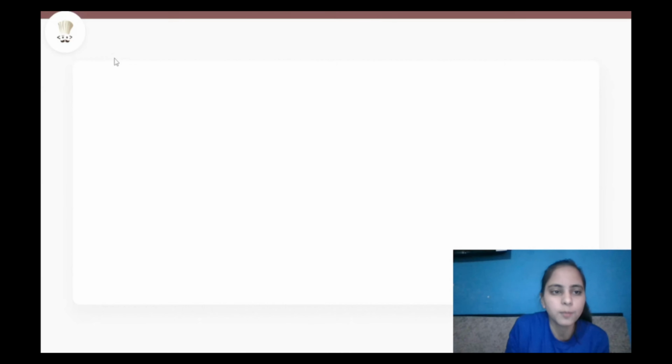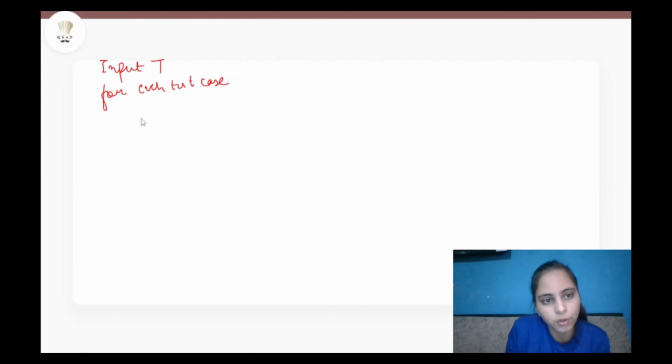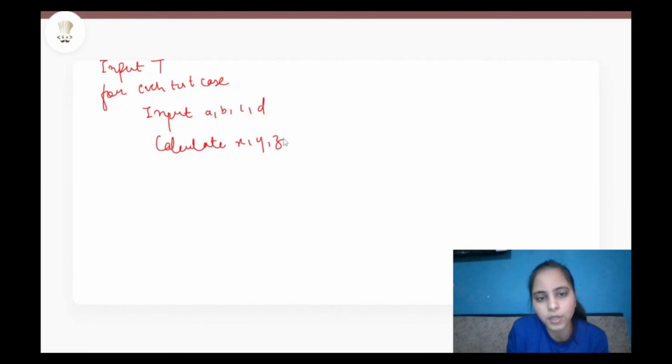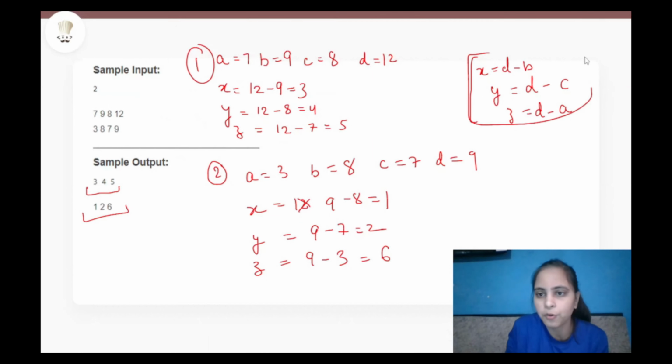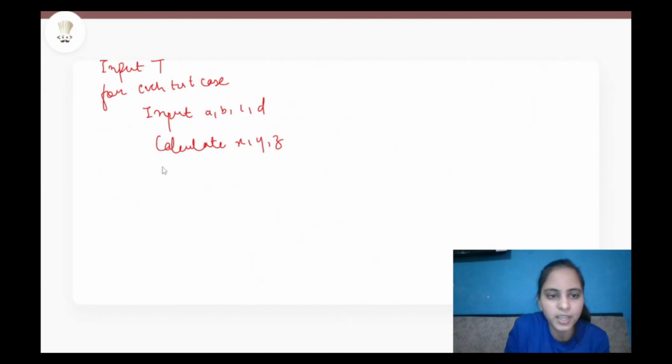So now let's see how we can implement this solution. What we have to do is first take the input of the number of test cases. Now for each test case, we have to first take the input of A, B, C, D, and then calculate X, Y, Z by simply using the equations we derived before, and then simply output X, Y, Z, keeping in mind that we have to maintain the output order.